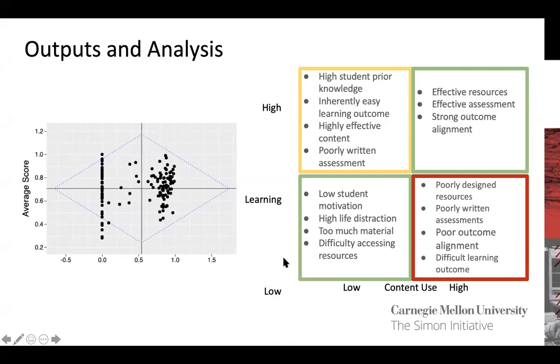And so resources that reside in each of the quadrants can be analyzed for more improvement efforts. And so if students looked at the content but still did poorly on the test questions, then there's further analysis that needs to be done from this. So things that are listed up in this quadrant are pretty effective.